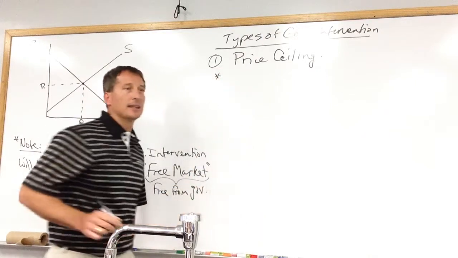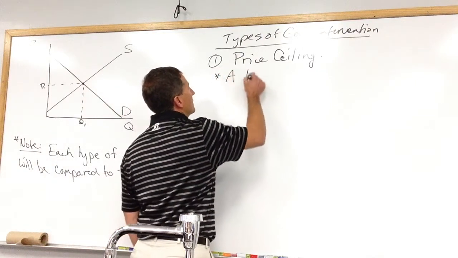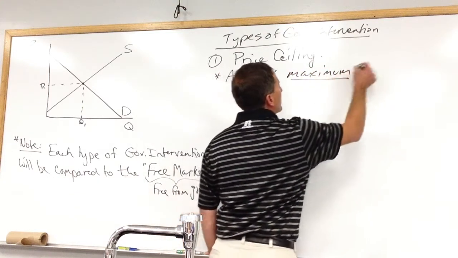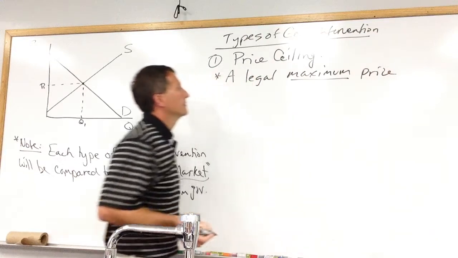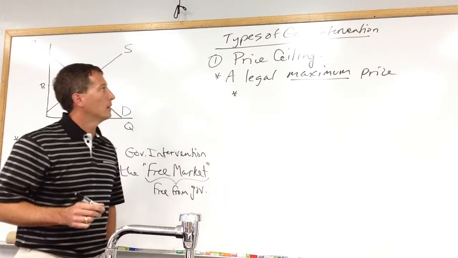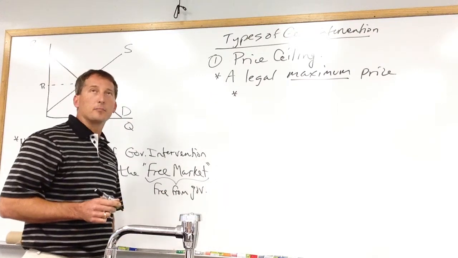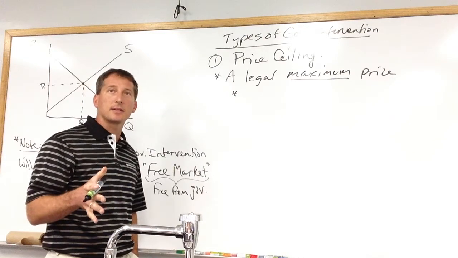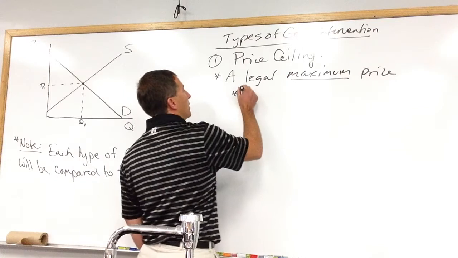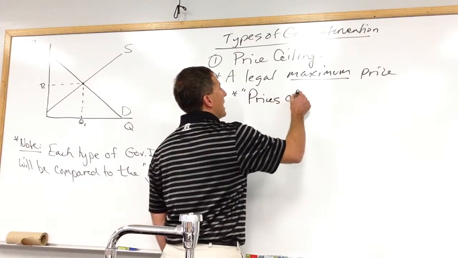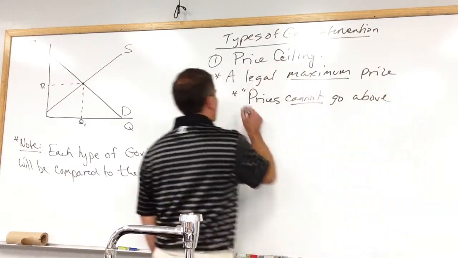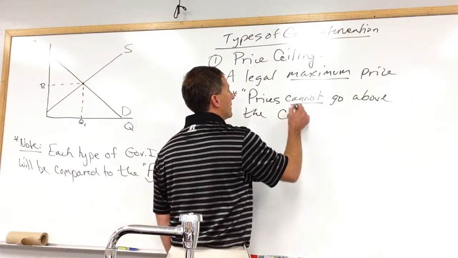A price ceiling is a legal maximum price. In other words, by law, a law was passed to say prices cannot go above this amount, the ceiling amount. So prices cannot go above the ceiling price.